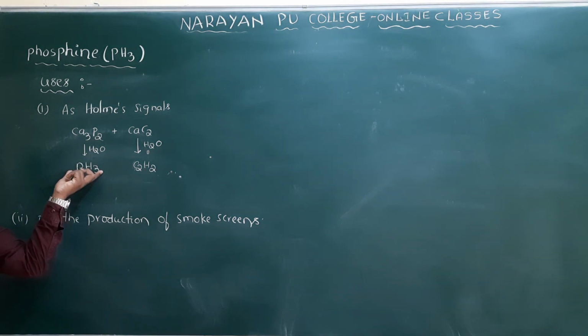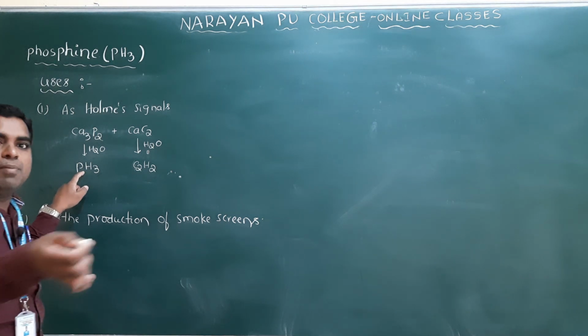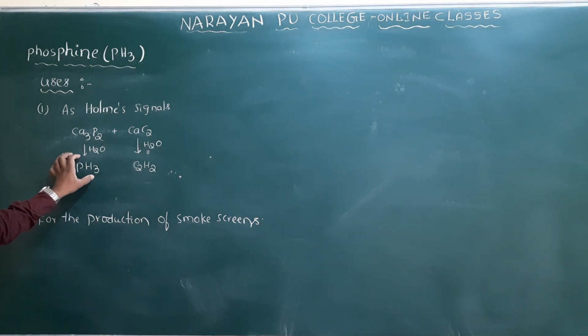It is always contaminated with diphosphine, P2H4, which is highly flammable. So in this phosphine a small amount of diphosphine is present, so it catches fire immediately, and due to that, PH3 also burns.